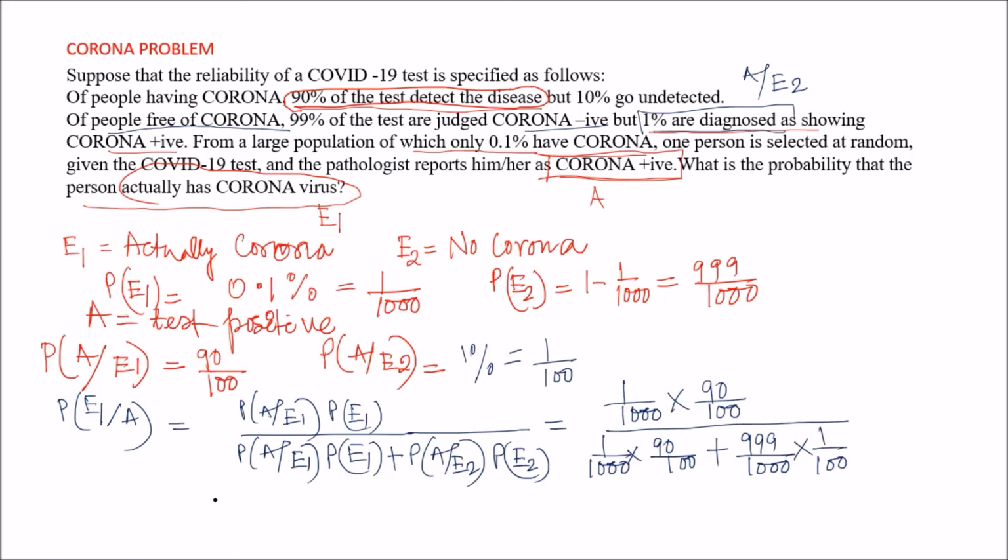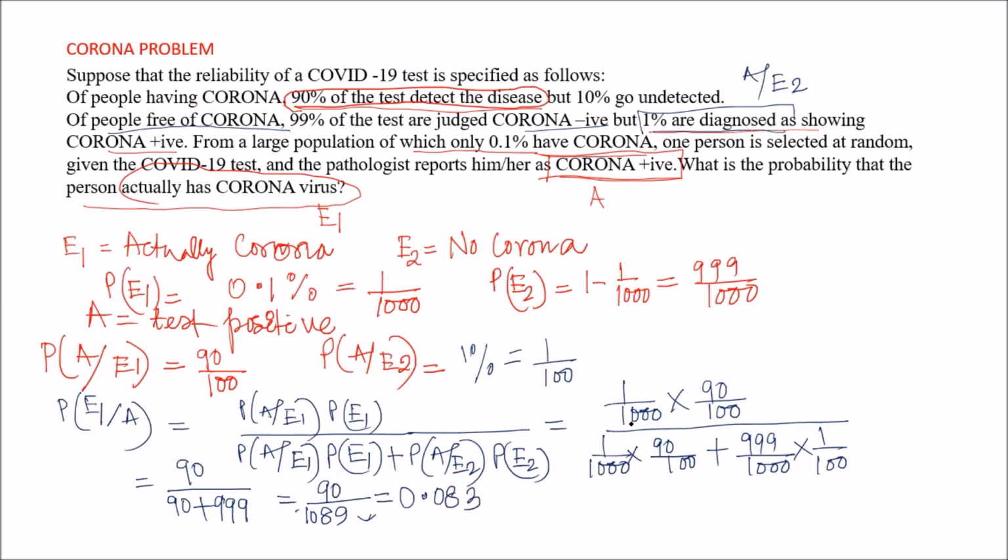So all the zeros I can cancel. So it will be 90 upon 90 plus 999. So it will be 90 upon 1089. How much will it be? You will find in the decimal, it will be 0.083. Or you can keep the answer like this.